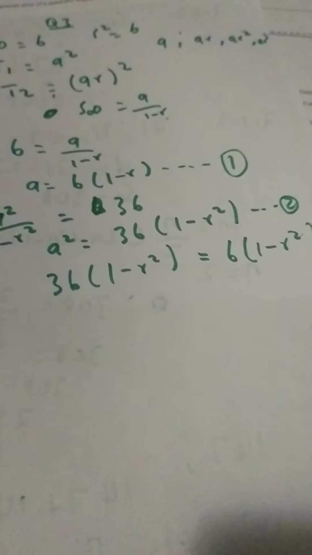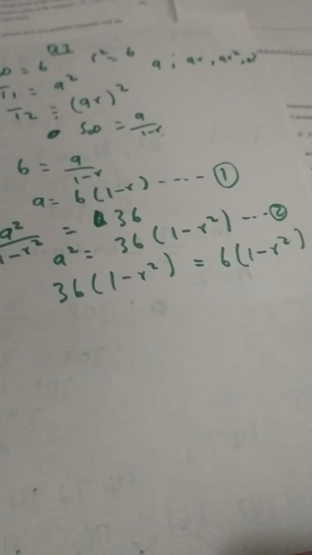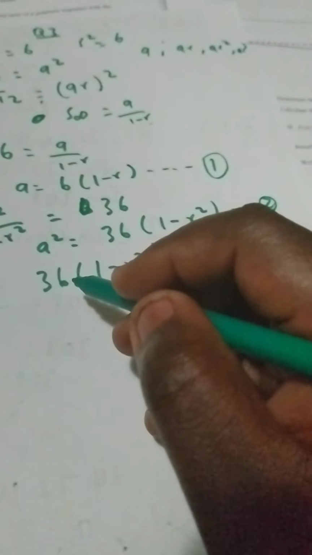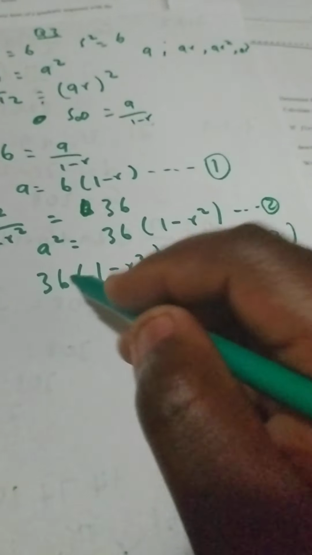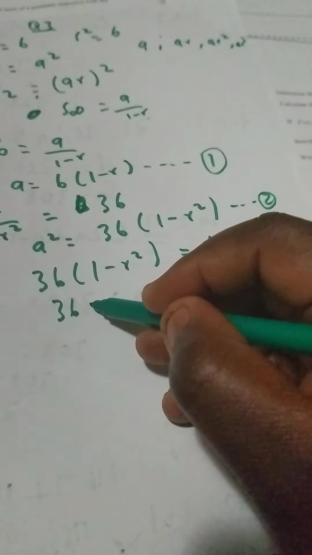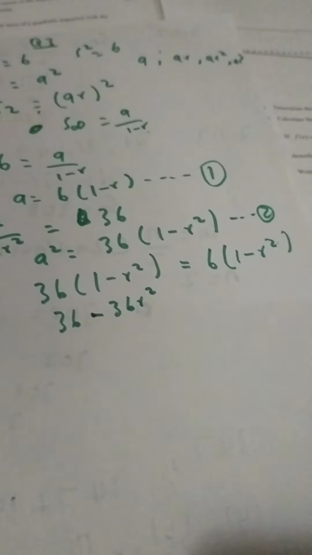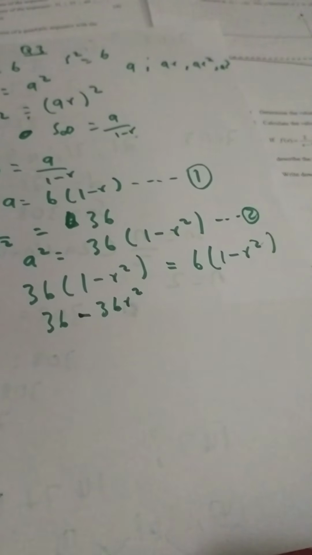So when I use the same a and r, instead of using 1 minus r, I'll just use it as the squared one, which is 1 minus r squared already. So then just do our algebra now, because I can simplify this. This would be 36 times 1, that will be 36, and then negative 36r squared. Okay, that one is a giveaway, it's not a problem.